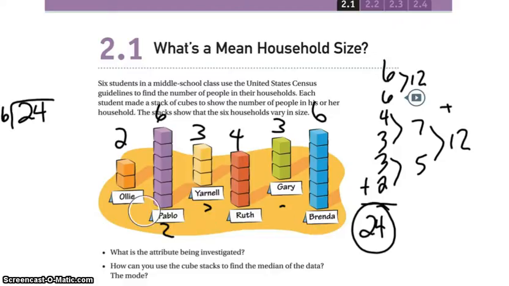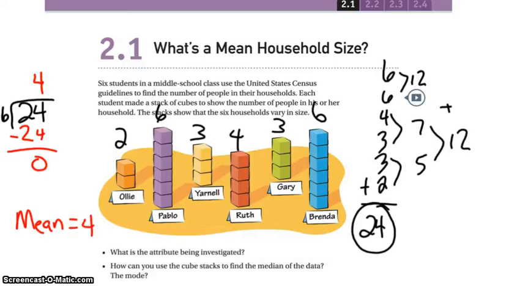So we're going to find that 24 divided by 6 is 4. Okay, we'll finish out the division, make sure there's no remainder. And our mean for the information shown is 4. So we could say that the average house size based on these 6 houses would be 4. That each house on average would contain 4 people.